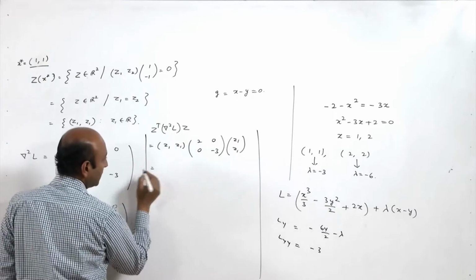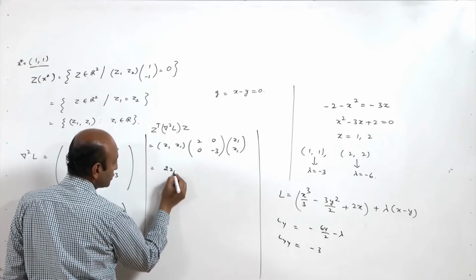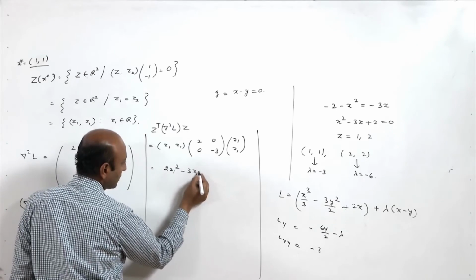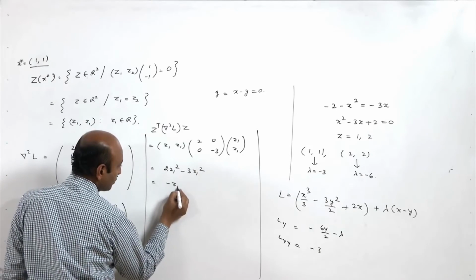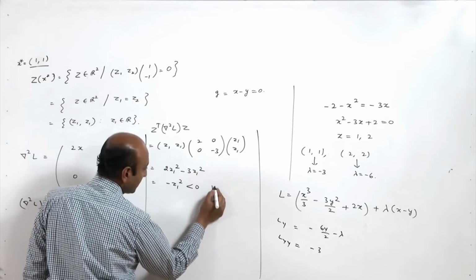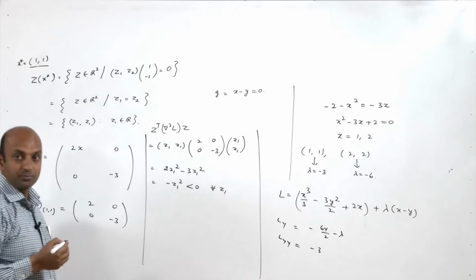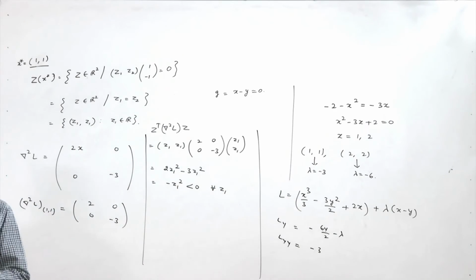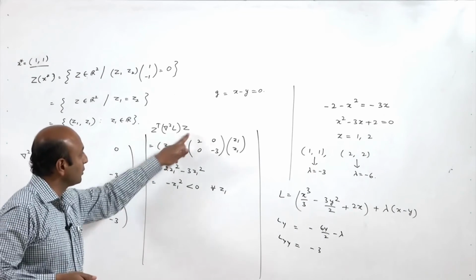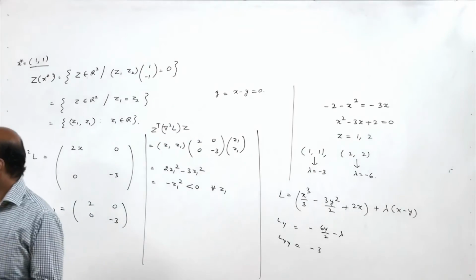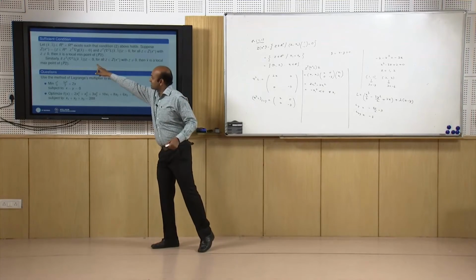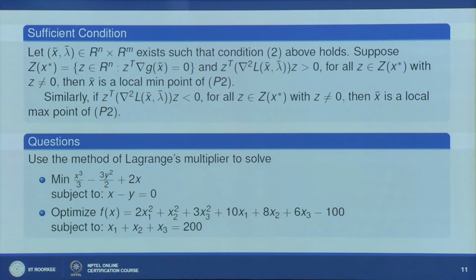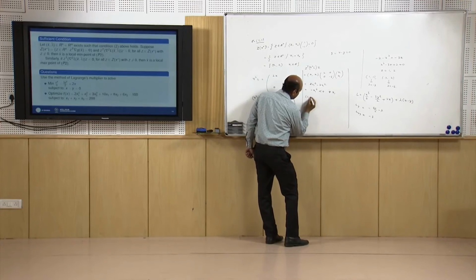So it is 2 Z1 square minus 3 Z1 square, which is minus Z1 square, which is less than 0 for all Z1 not equal to 0. So this quantity is less than 0, which means this point is a point of local maxima. So 1 comma 1 is a point of local maxima.